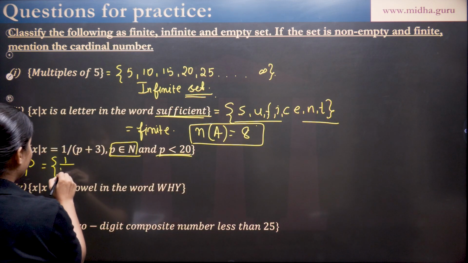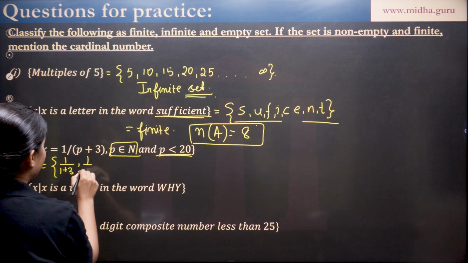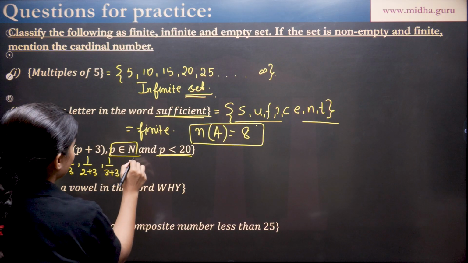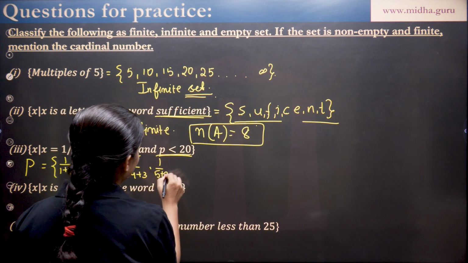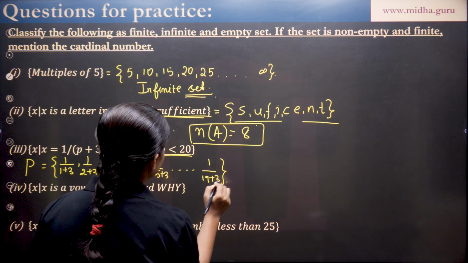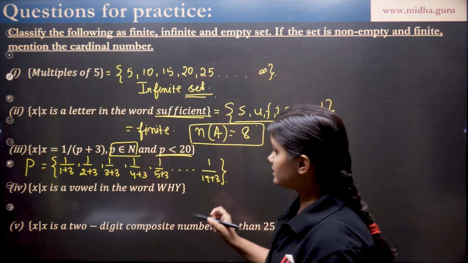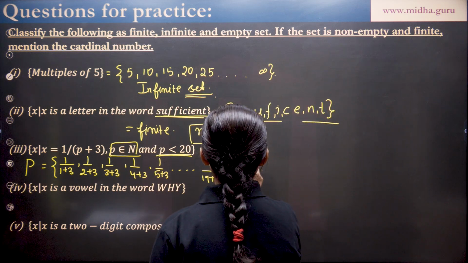So 1 by 1 plus 3, then 1 by 2 plus 3, 1 by 3 plus 3, 1 by 4 plus 3, 1 by 5 plus 3, up to 1 by 19 plus 3. So this is the set. Okay. Is this set finite or infinite? Obviously it is a finite set.